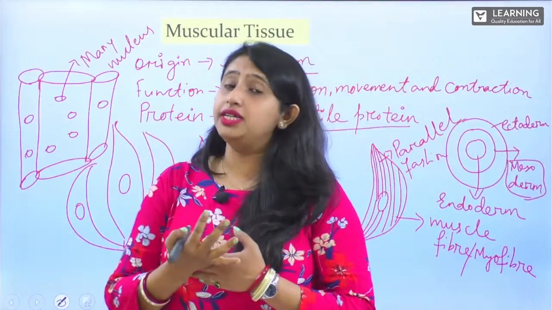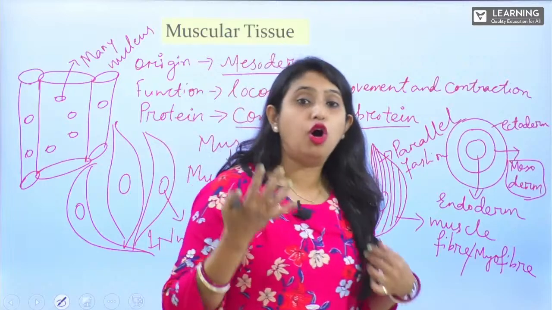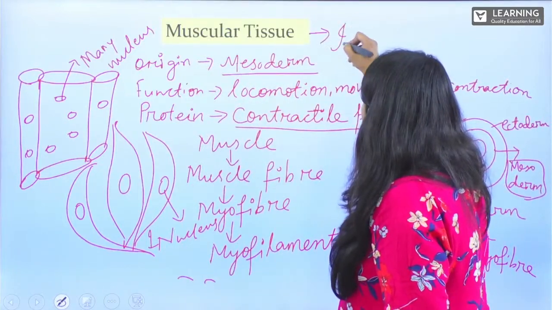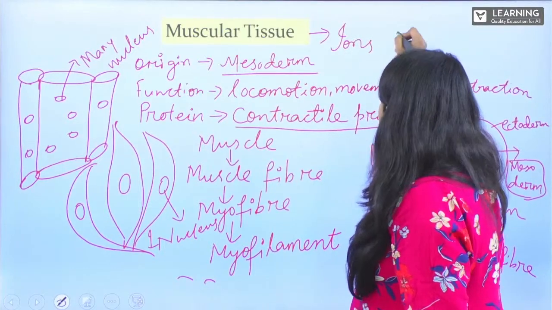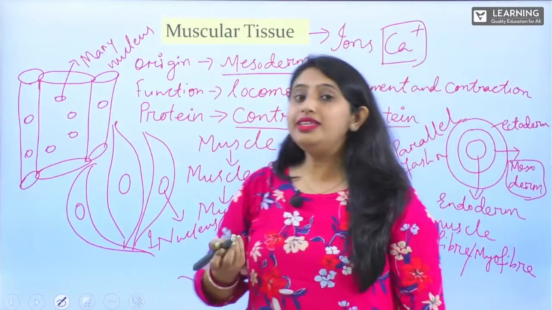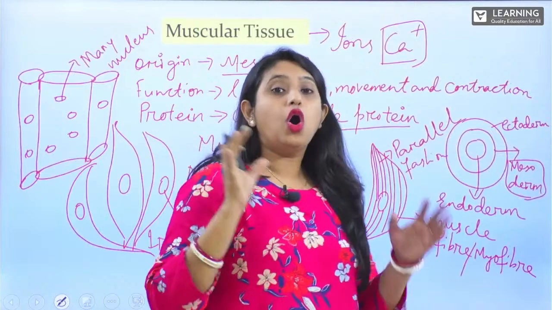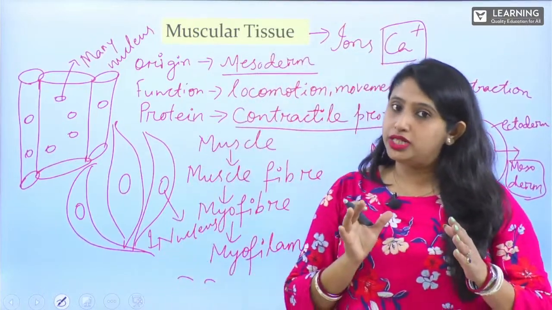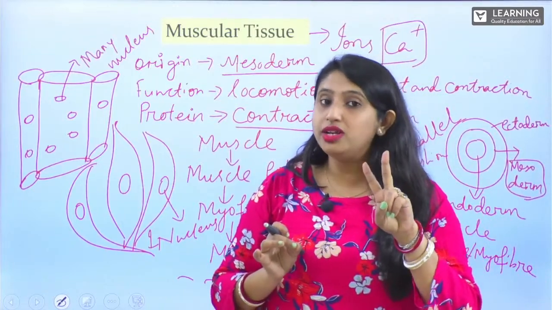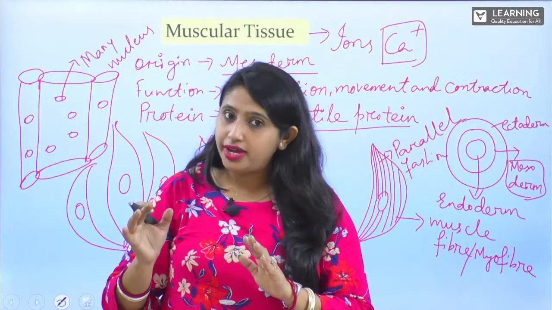Now, do you know that this muscular tissue cannot work by itself? It also releases calcium ions, but for releasing the calcium ions, it needs signals. All the tissues inside our body depend on two things: the nerve tissue and the endocrine system.